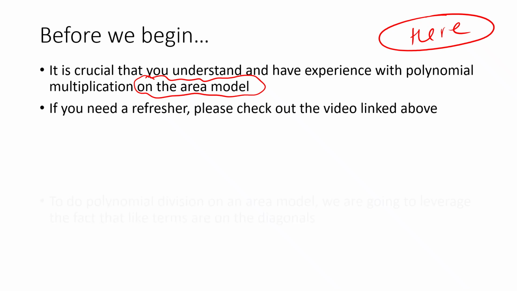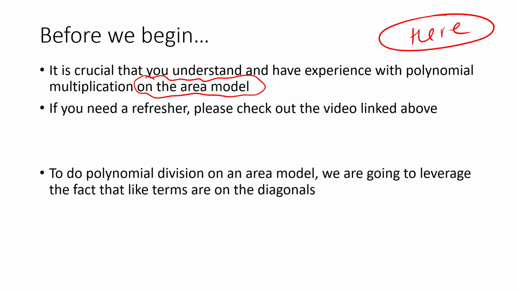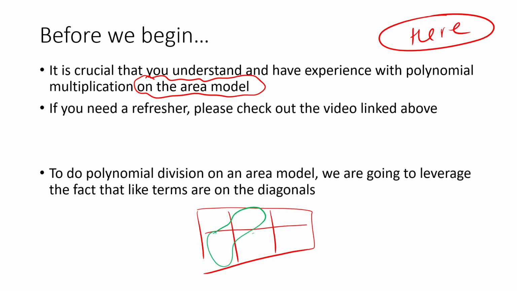Make sure you do some practice problems with the multiplication, and then come back and join us here for the lesson on division. Now, to do polynomial division on an area model, we are going to leverage the fact that like terms are on the diagonals when the polynomials are in standard form. What I mean by that is this. If you have the area model set up, your like terms are going to be organized on those diagonals.